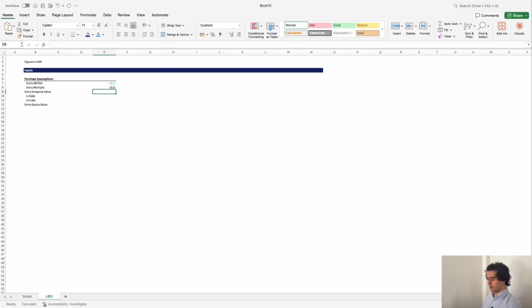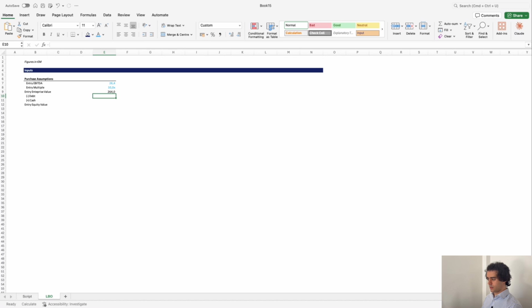Then we have an entry multiple of 10. This is also an input, so blue. And the enterprise value will be calculated as entry EBITDA times entry multiple.